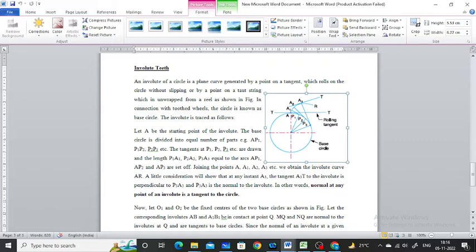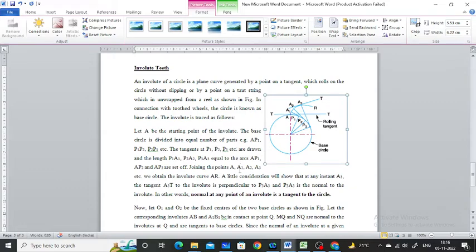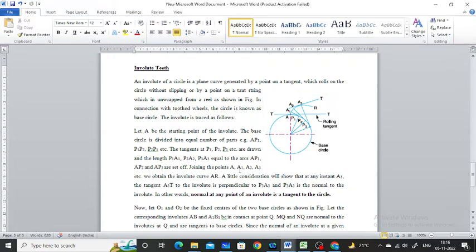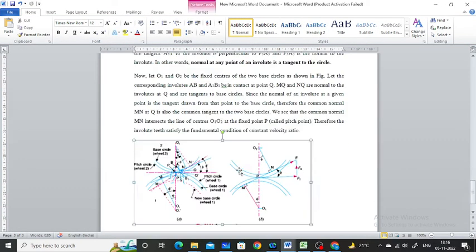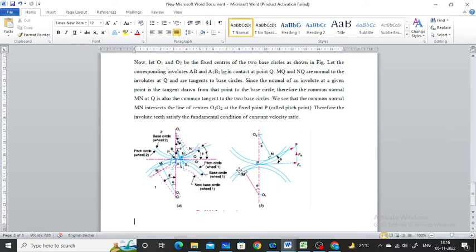And now this is the diagram of the meshing of two gears. Let O1 and O2 be the fixed centers of the two base circles.